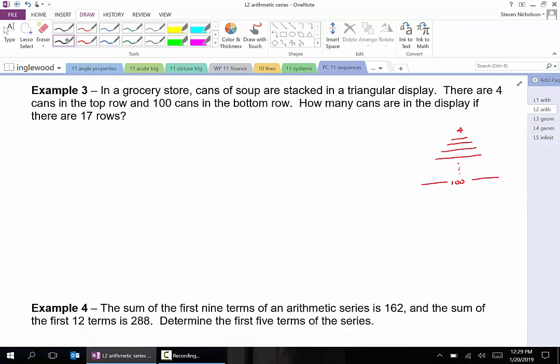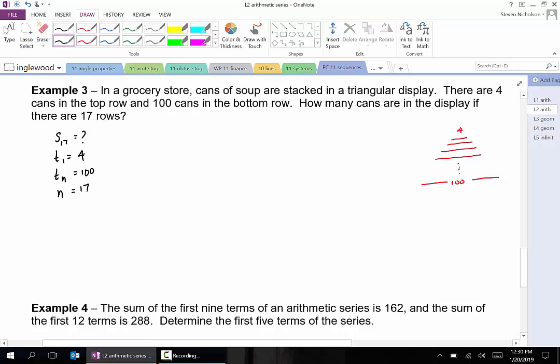So in the question, it's saying, well, what's S of 17? And what do I know? Well, I know that the top row, the first row, has 4 cans, and I know the 17th row, T of n, the last row, right? T of n has 100, and I know that there are 17 rows.